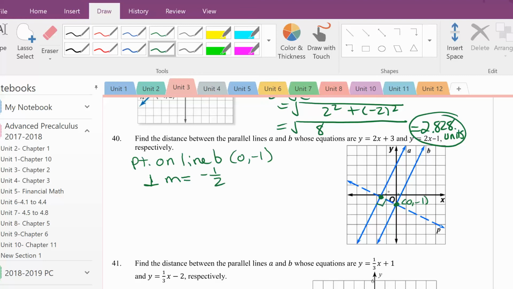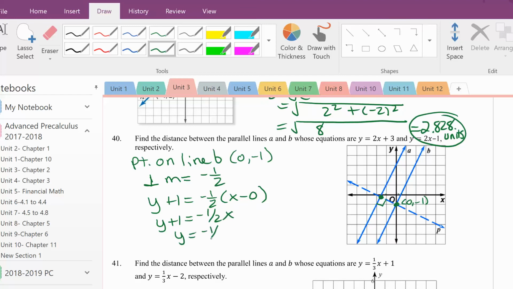So up 1 to the right 2, which means it crosses right there. So we have to figure out what that point is. So notice the equation of the line here would be y plus 1 equals negative 1/2 times x minus 0. So it's y plus 1 equals negative 1/2 x.